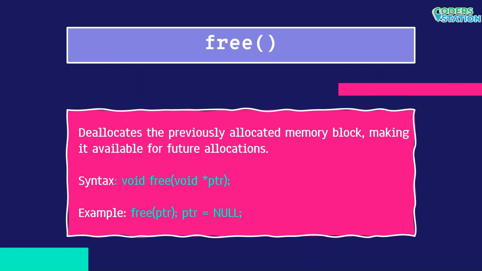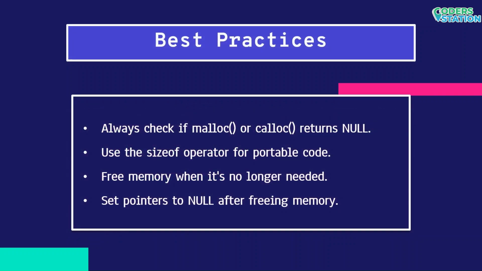Now let's discuss some common mistakes and pitfalls in dynamic memory allocation. This includes memory leaks, dangling pointers, double free errors, and incorrect size calculations. Here we will watch the best practices to be followed while using dynamic memory allocation in C. We should always check if the malloc or calloc function returns null.